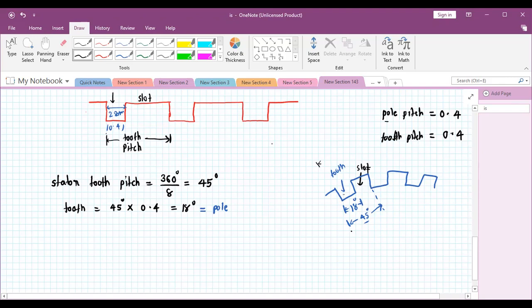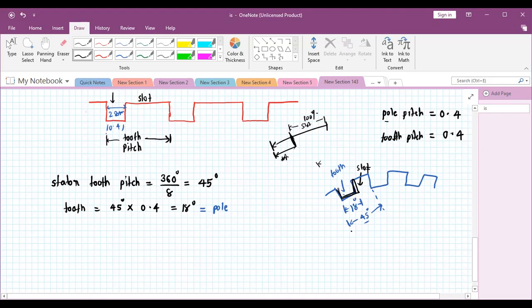Are you getting? Say for example it is 100%. From the 100%, how much amount you are giving to the tooth, and how much amount we are giving to the slot, like this. But this is called a pole also because it is embedded.